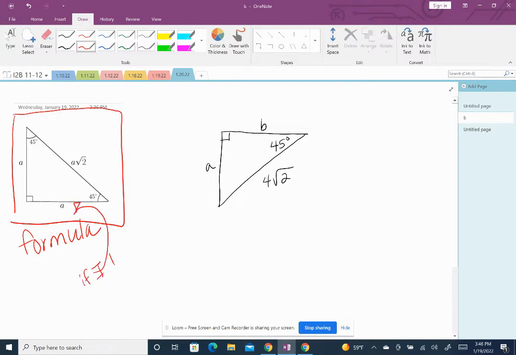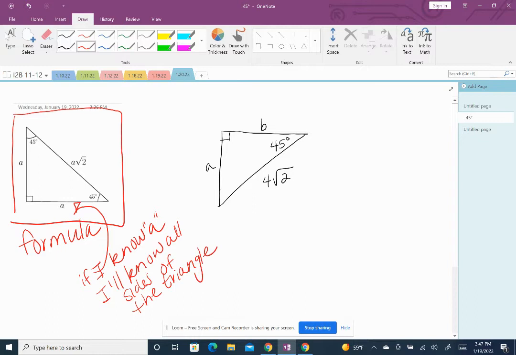If I know A, I'll know all sides of the triangle. Oh, you know what? Let's not use A. We'll use X and Y. Okay. So if I know A, then I know all the sides of the triangle.